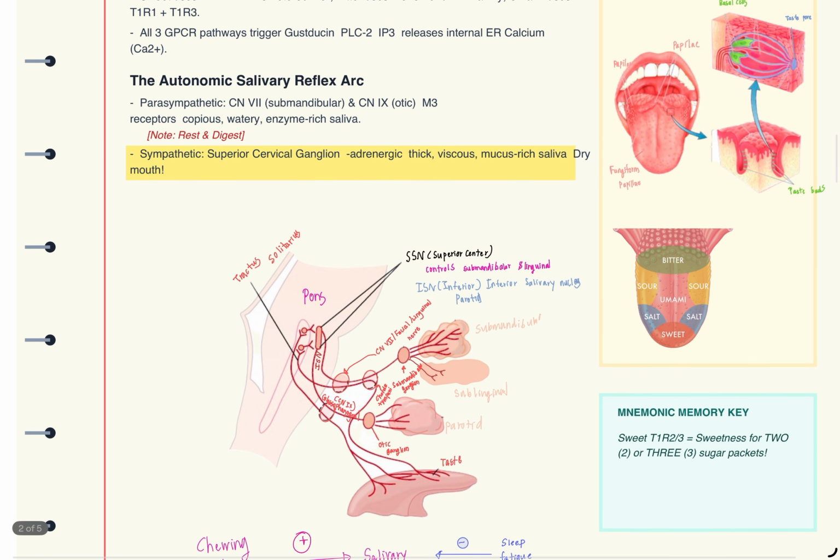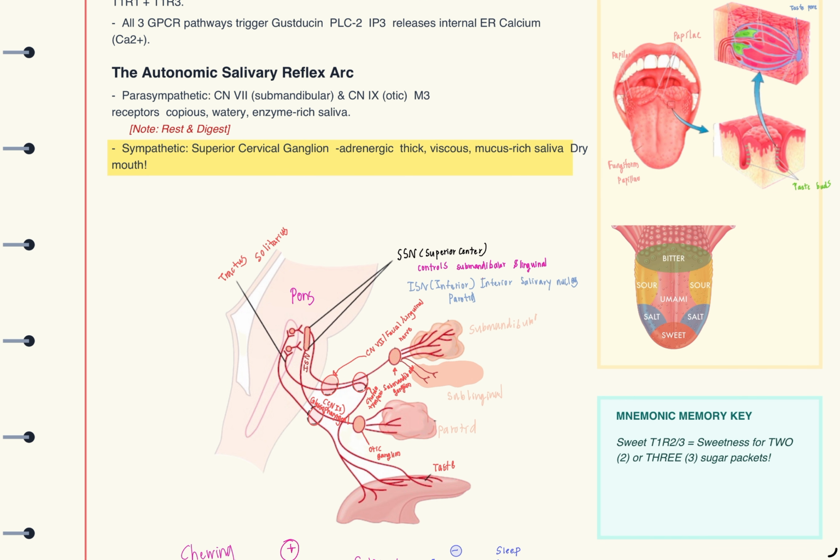So if we talk about the autonomic salivary reflex arc, parasympathetic, submandibular, and otic, and then M3 receptors will secrete acetylcholine that will act on M3 muscarinic receptors that will cause watery saliva.